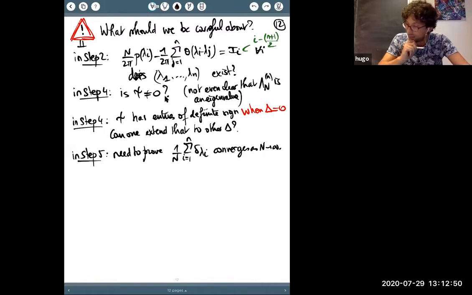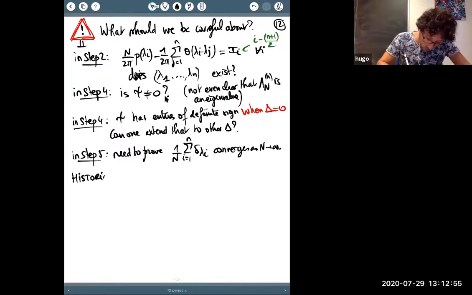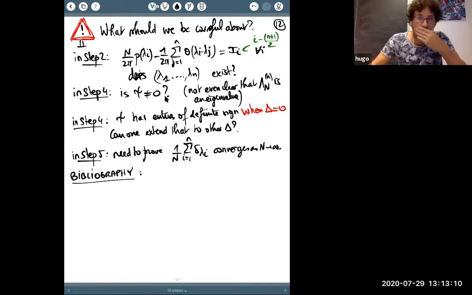And just to give you a little briefing on the historical bibliography, maybe let me call it like that. Well, the bibliography is kind of strange in some sense, because if you run through the Bethe ansatz, it's kind of clear that these are the 4 points that are a little bit tedious. But it seems that every author is proving that the Bethe ansatz is rigorous while ignoring some of the steps. So they prove one of the things.